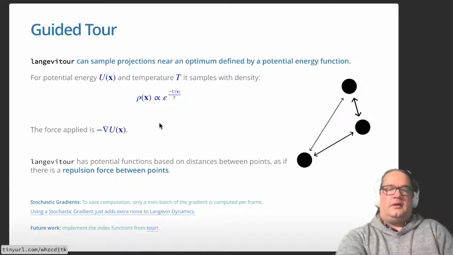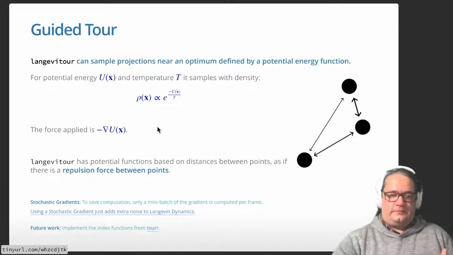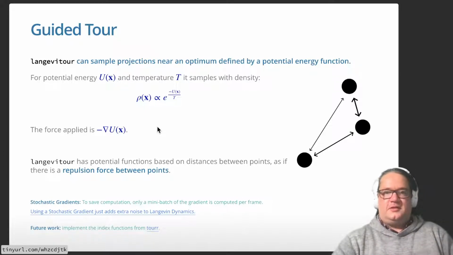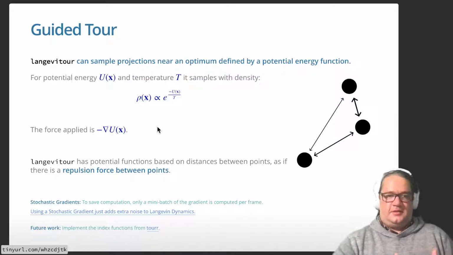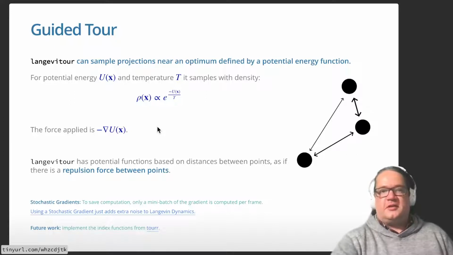Now, the path there will be a nice smooth path, it's nice to look at, but then in the longer term, it is actually sampling from this distribution, and is sampling from the distribution quite efficiently as well.